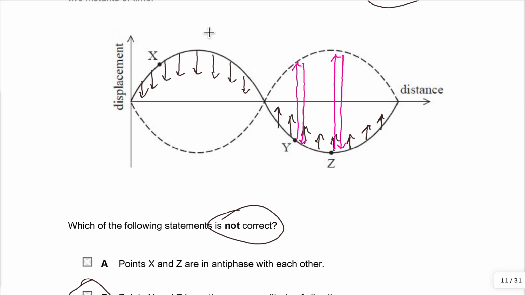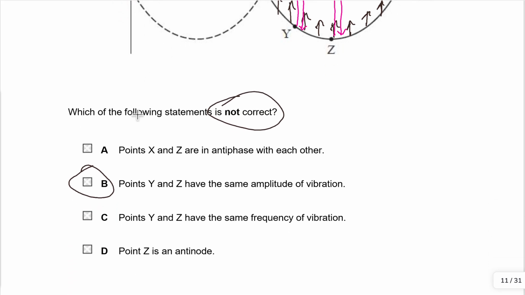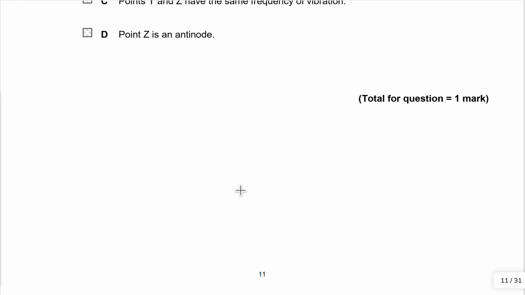Every point along this string has the same frequency, i.e. when this part, let's say Y, goes all the way to its opposite end and then back to its starting position, Z would have done the same thing in the same amount of time. So therefore the time period for one complete cycle for Y and Z are the same, and that goes for all points along that wave. So therefore B is wrong.